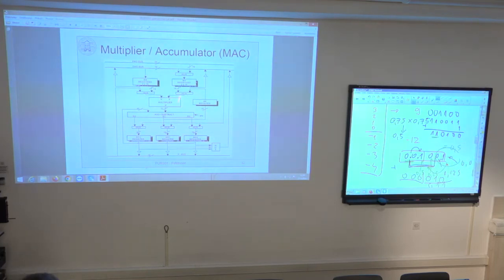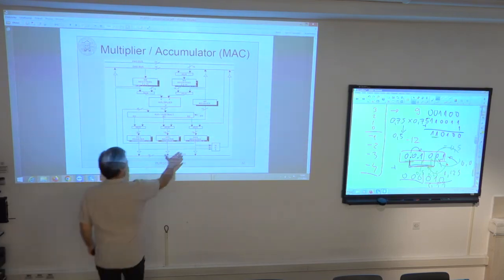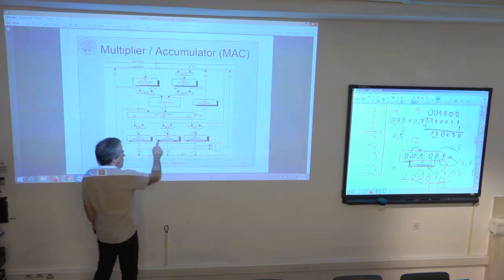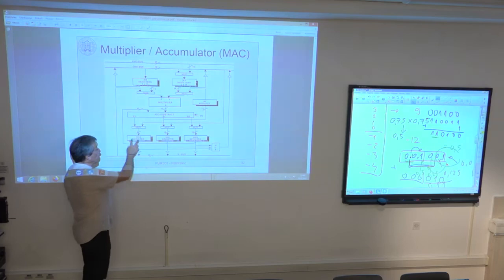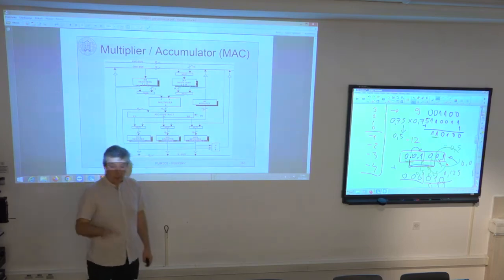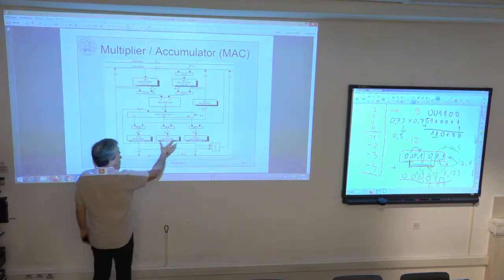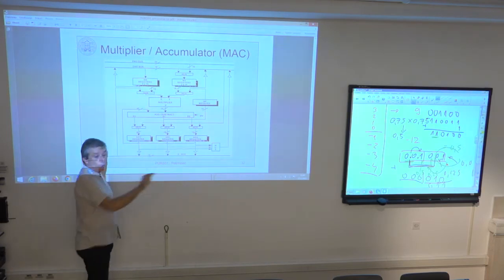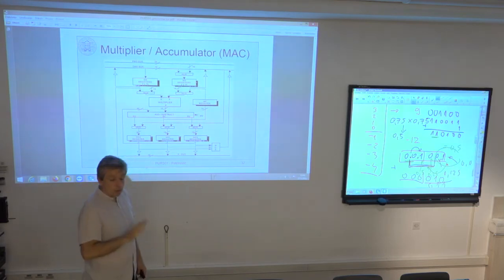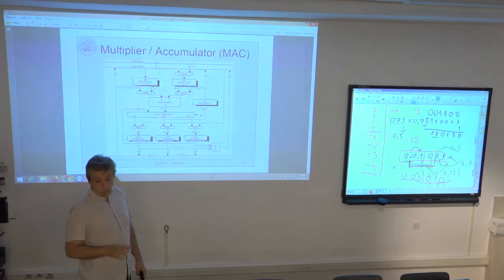If the result in MR0 and MR1 is a negative value, it means that the first bit of MR1 is 1, negative. And in this case, MR2 must be all ones, which means that MR2 is nothing else but the sign extension of MR1. If MR1 is a positive value, so the first bit is 0, then MR2 must be all zeros. If this is not so, then it's overflow.